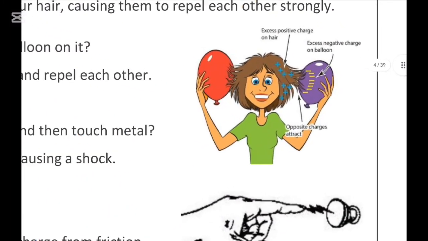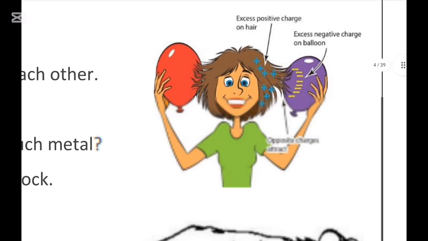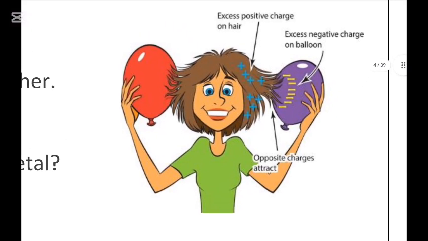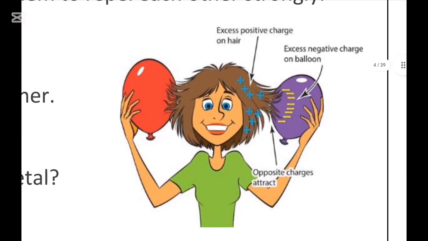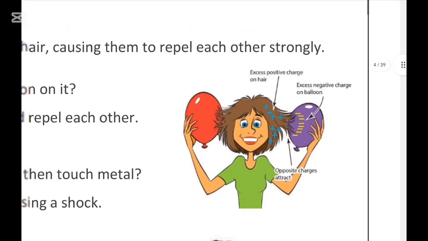B. Protons transfer from the balloon to your hair, causing them to repel each other strongly. I think the answer is A. Excess positive charge on hair. You can see we got a lot of positive charges on your hair, on my hair, and we got excess negative charge on the balloon, so they will attract. So you should try rubbing your balloon with your hair and see.